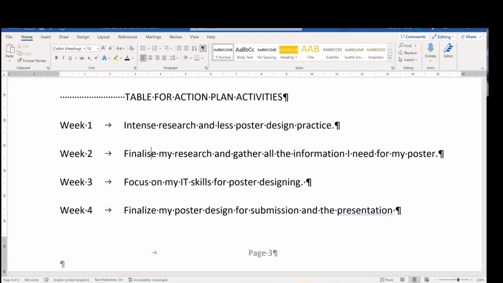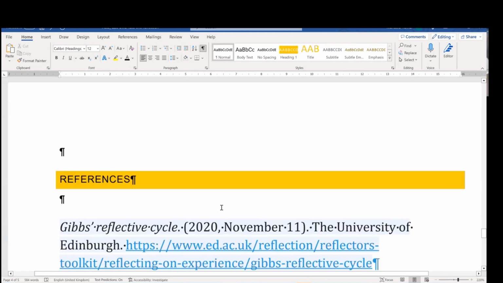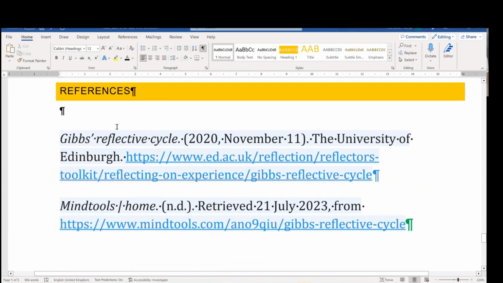Remember, there's an S again, finalise. So the IZE ending is American. So ISE is English. My research and gather all the information I need for my poster. Focus on my IT skills and again finalise with an S. Submission and presentation. And then you have the references.